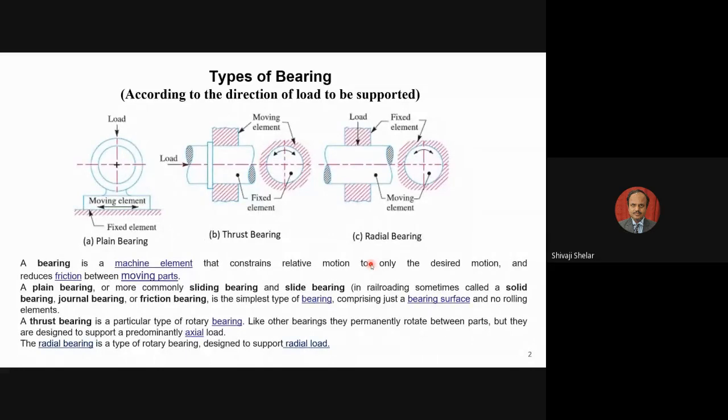So a spur gear will have only radial loading, but if you take bevel gearing, helical gearing or worm gearing, then it will have two types of load, radial as well as axial load. So if there is only a spur gear, you can select the radial bearing.